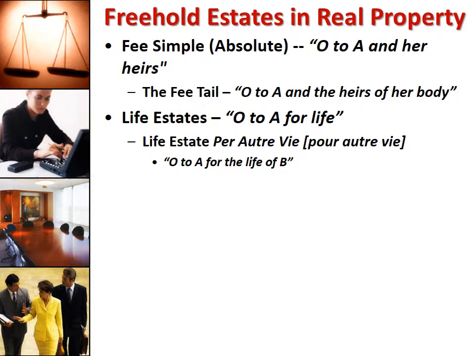So say I had some massive estate, and I want to give it to my brother so he can enjoy it. So I am O. I give it to my brother A, his name's Tommy: O to Tommy for the life of Brenda. Because I know that he can't live there by himself.